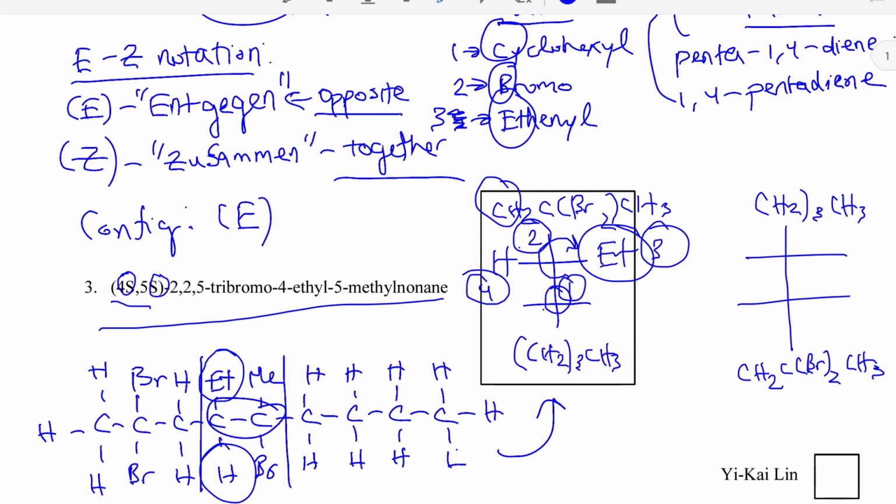And you would think, oh, it's supposed to be R, right? But remember, the hydrogen is coming out of the page, not going into the page. So we have to flip the apparent configuration that we found.